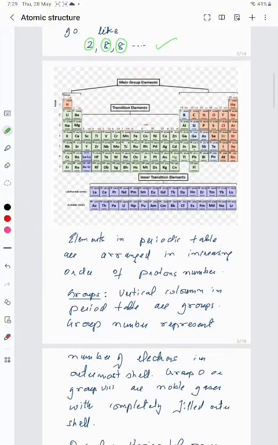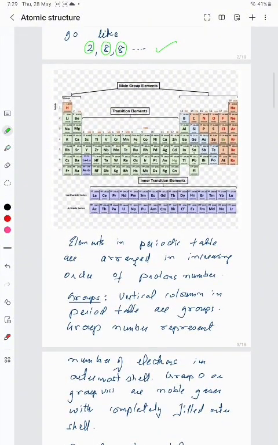You have to develop some understanding of the periodic table. All more than 100 elements are listed in the periodic table. This periodic table is given to you in the final exam, so you should know how to use it during your examination.